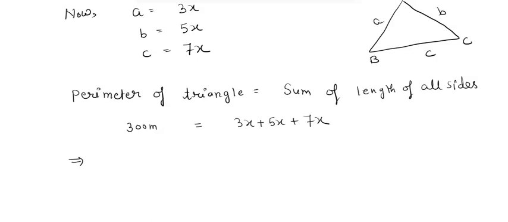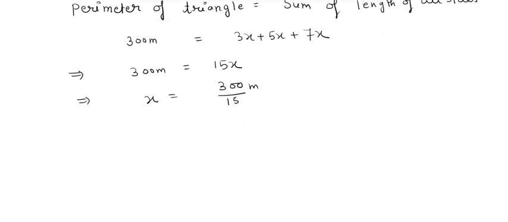So we will get 300 meter is equal to 15x. So x is equal to 300 divided by 15. So x is equal to 20 meter.